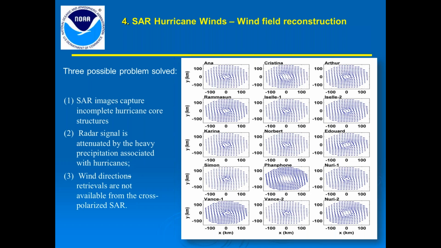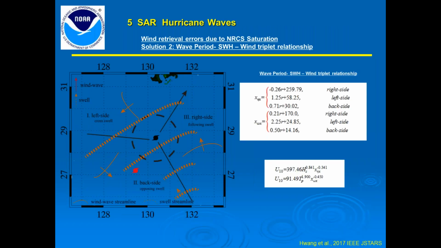We are talking about the pixel level. The pixel is a few tens of meters. So we average a little bit, and we can generate 500-meter resolution ocean surface wind within the hurricane system. That's very new. I think it's a very new product. It will be useful for forecasting.